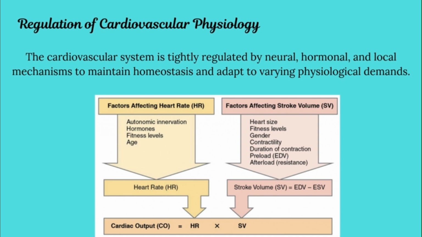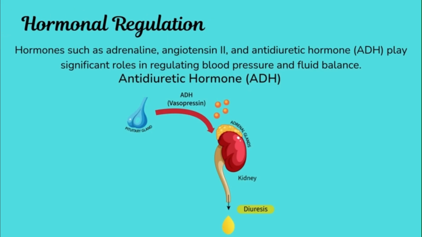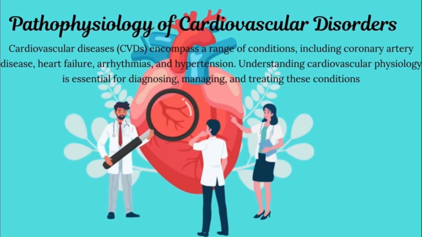The cardiovascular system is tightly regulated by neural, hormonal, and local mechanisms to maintain homeostasis and adapt to varying physiological demands. Neural regulation. The autonomic nervous system, ANS, modulates heart rate and vascular tone through the medulla oblongata. Hormonal regulation. Hormones such as adrenaline, angiotensin II, and antidiuretic hormone, ADH, play significant roles in regulating blood pressure and fluid balance. Pathophysiology of cardiovascular disorders.